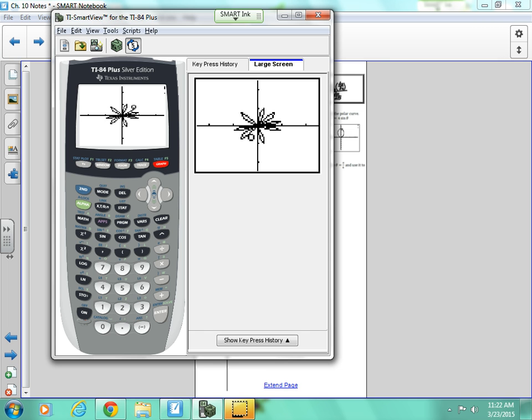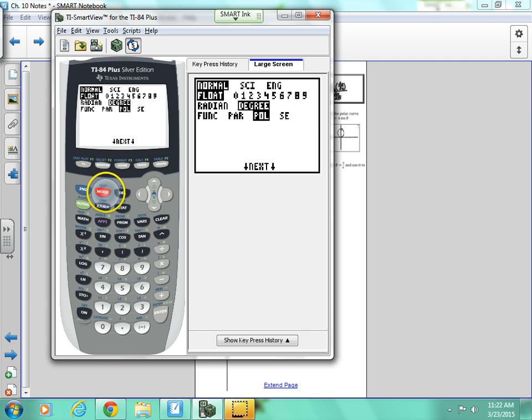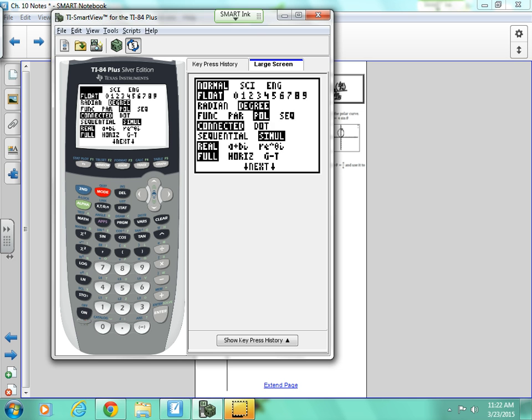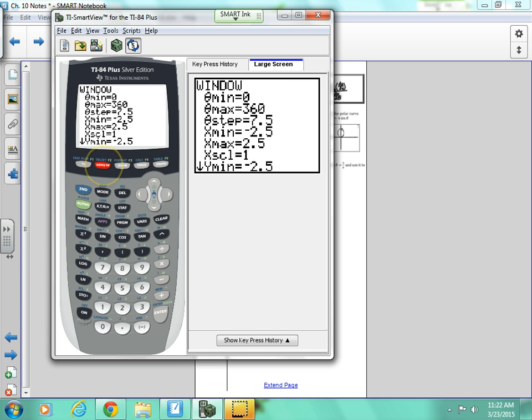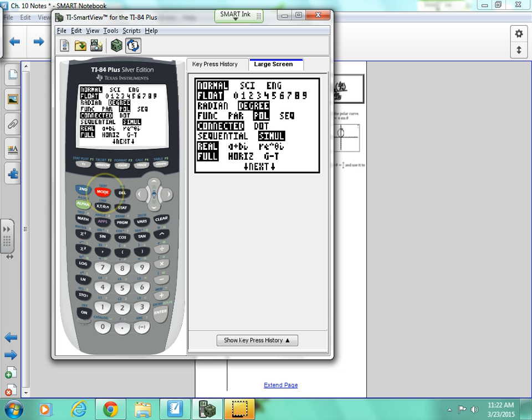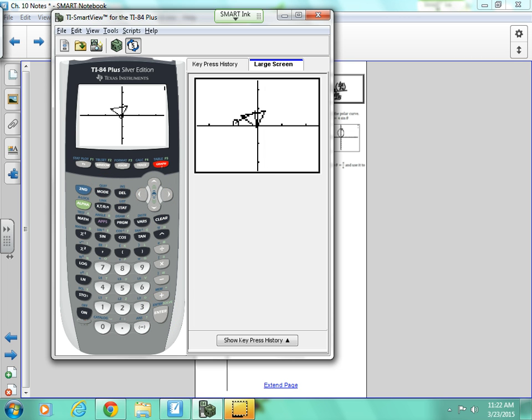Okay. A couple things can change. This is well and good right now because I am in degrees and my window is in degrees. But if I change to radians real quick and I don't change my window, kind of cool, but is that a good graph? What was wrong?